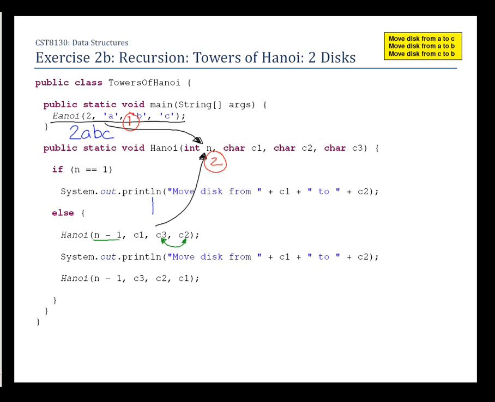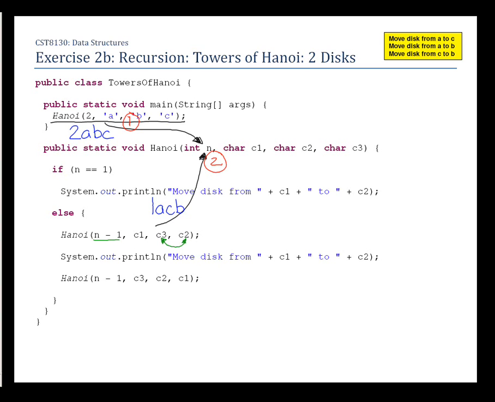I came in with the values A, B, C for C1, C2, C3, but because I'm exchanging positions 2 and 3, what I end up sending in is A, C, B. Great. I've arrived now with the values 1, A, C, B in the 4 variables n, C1, C2, C3.